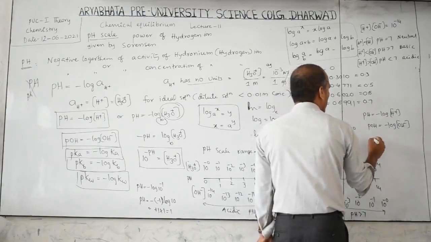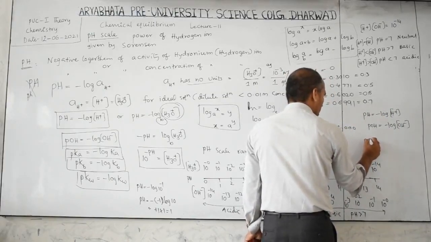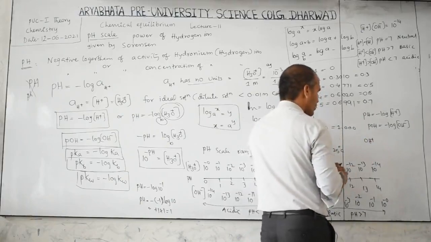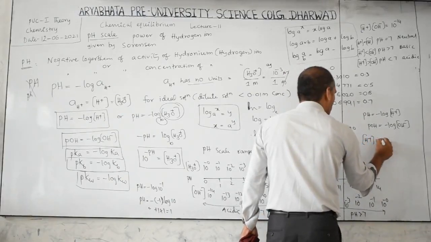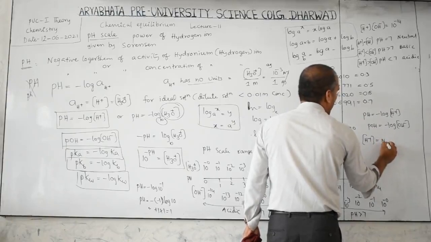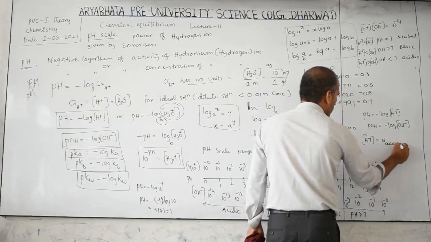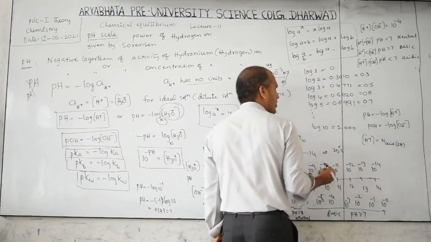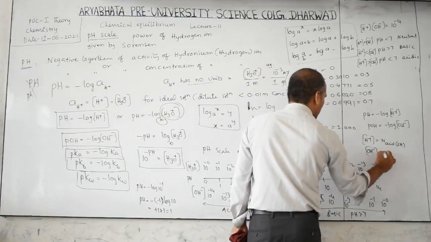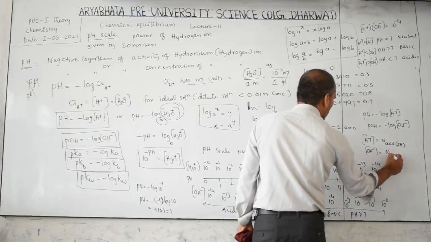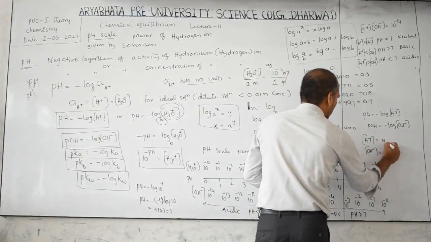Now if the H plus ion or OH minus ion concentration is given, H plus ion concentration is equal to the normality of the acid, generally a strong acid. Next, OH minus ion concentration is equal to the normality of a strong base. You can write directly here SA only for strong acid, better.